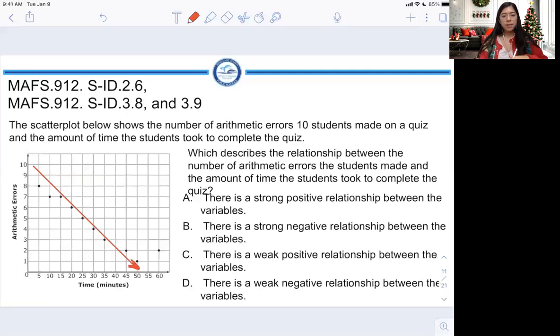So would you guys say that this is a strong relationship or a weak relationship? Weak. I think it's strong for the most part. So take a look at those dots. Are they pretty close? I mean, they're never going to be perfect. Don't expect it to be perfect. But would you say they're pretty close to the line or super far away?